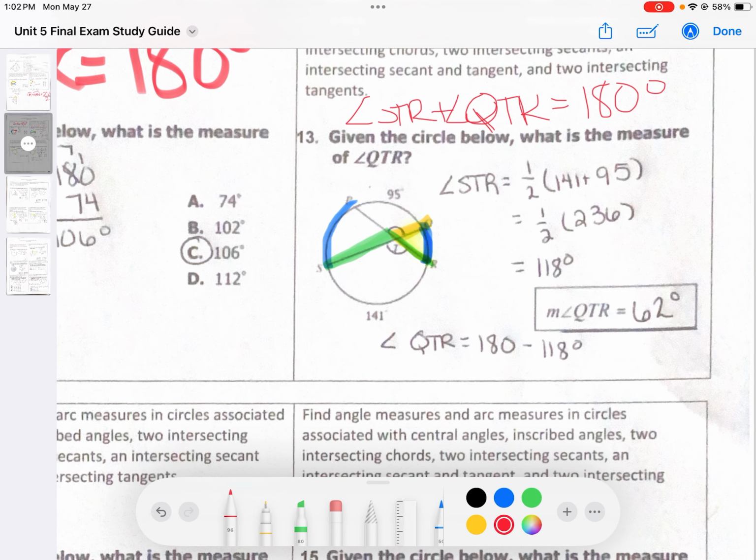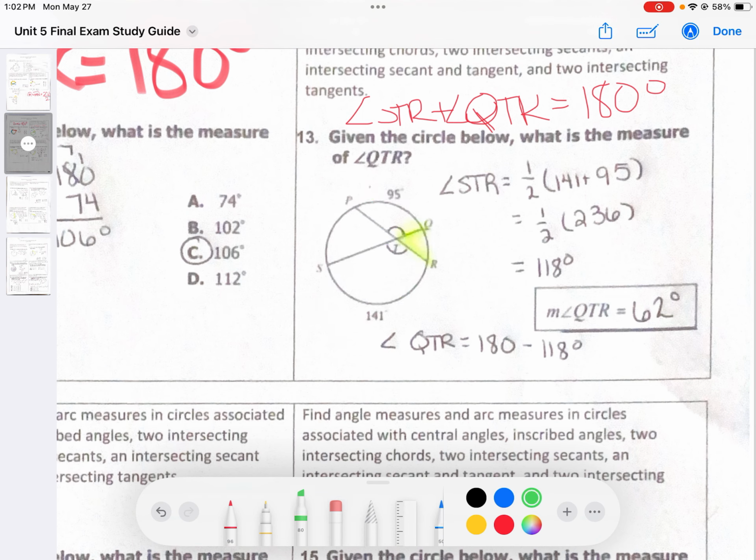It is half the sum of the intercepted arcs. So I add SR plus PQ, 141 plus 95 is 236. I take half of it, which is 118. So STR, PTQ is 118.